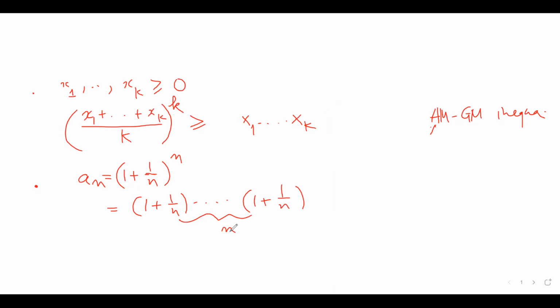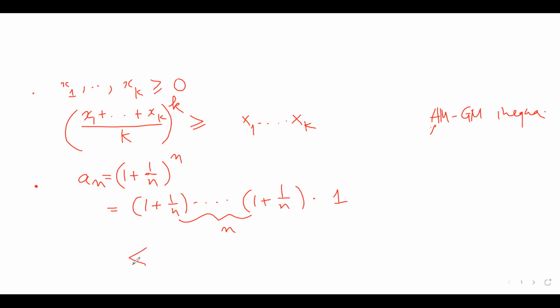So you have n numbers here. Let's take in a number 1 as well. Then you have n plus 1 numbers, and you apply this inequality for k equal to n plus 1, and here is x1, and here x_n, and then x_{n+1}.